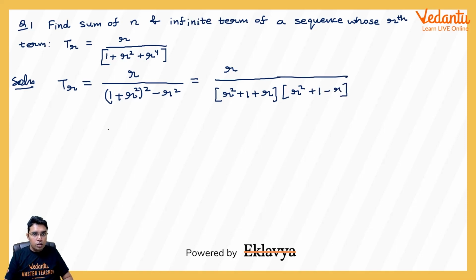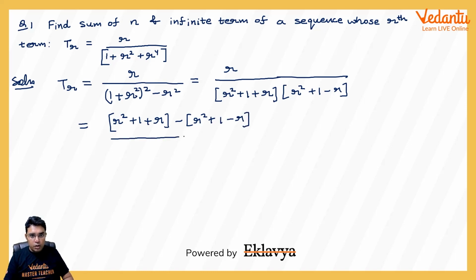You can also write the numerator as the difference of these two brackets which were there in the denominator, r square plus 1 plus r, minus r square plus 1 minus r. But for that, you are having only r in the numerator, so I will have to divide by 2 also. And here we are getting r square plus 1 plus r into r square plus 1 minus r, with a big bracket here also.